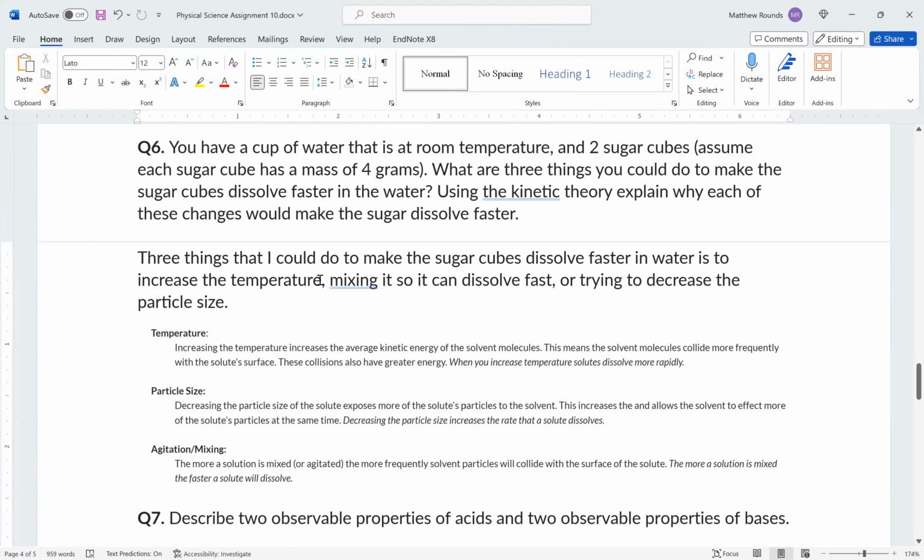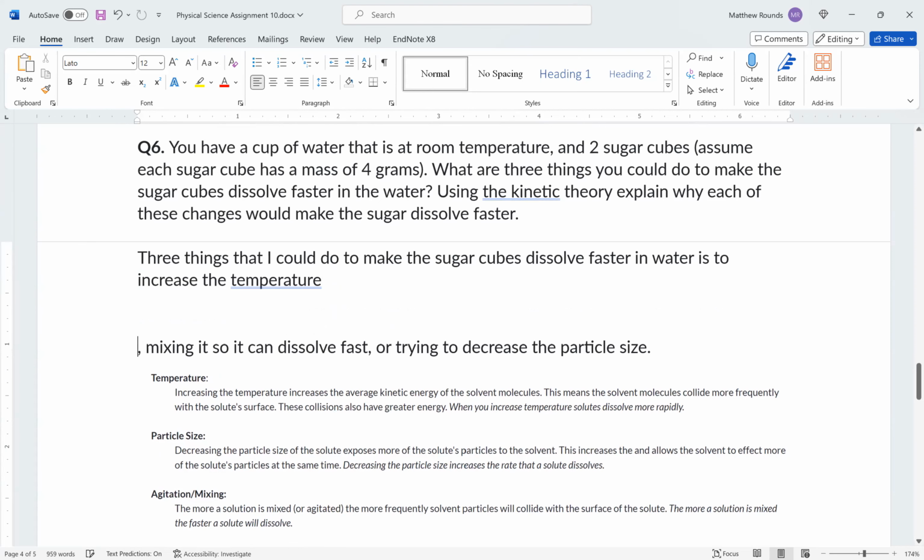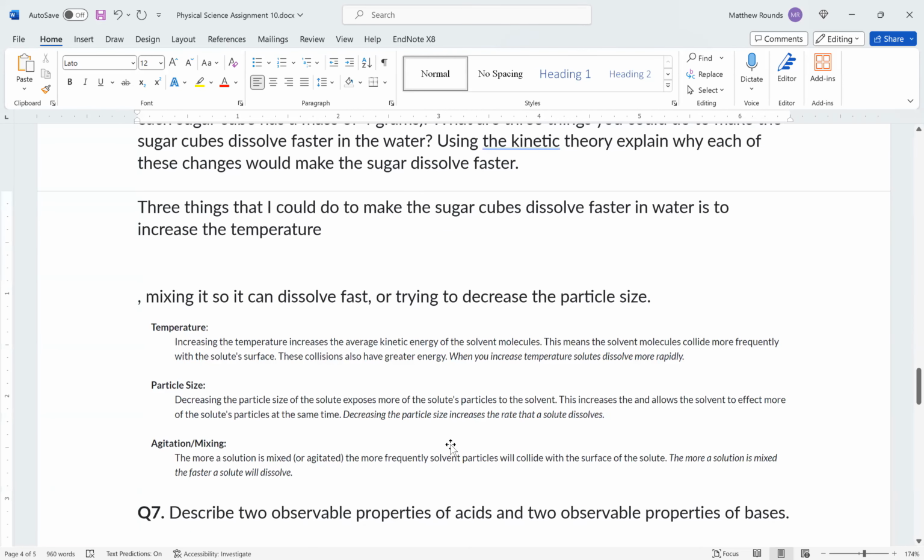So we need more. Basically, you have to explain how increasing the temperature affects the particles, mixing it affects the particles, and decreasing the particle size affects the particles. And it's all right here in this grouping of words.